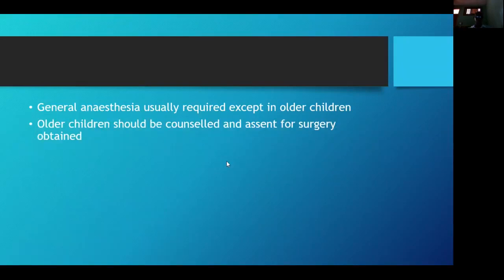But what children need is to have the opportunity to hear what procedure is going to be done to them. You need to include them in counseling. You need to let them know that this is what they are about to undergo. And if possible, one would need their assent for surgery, especially as they reach an age like 7 to 13 years of age. Their assent is needed, depending on which environment you find yourself in.